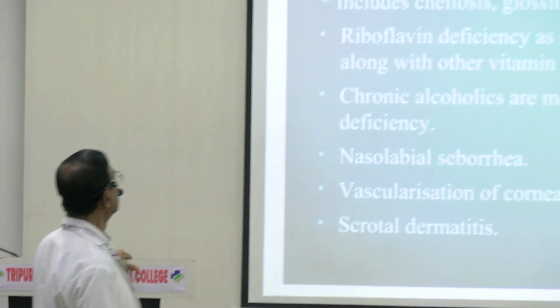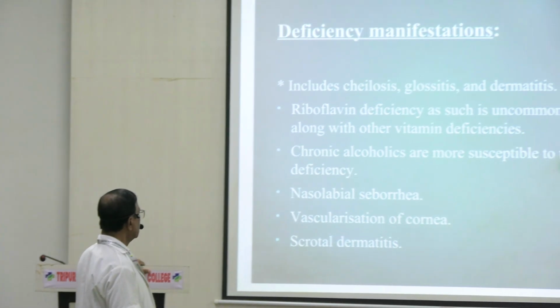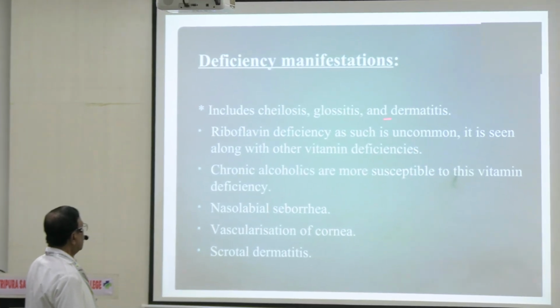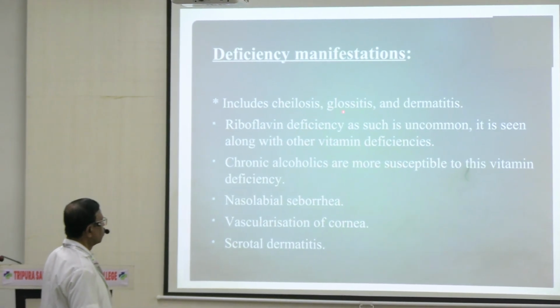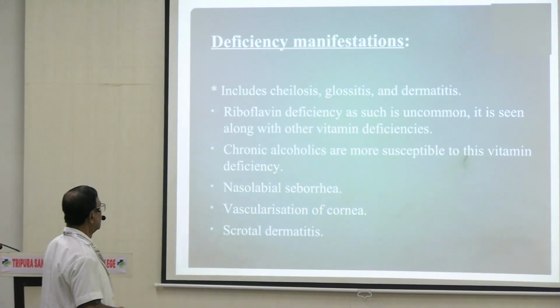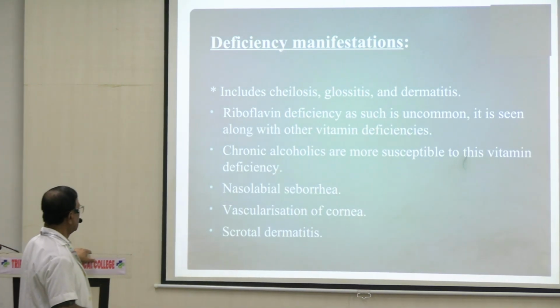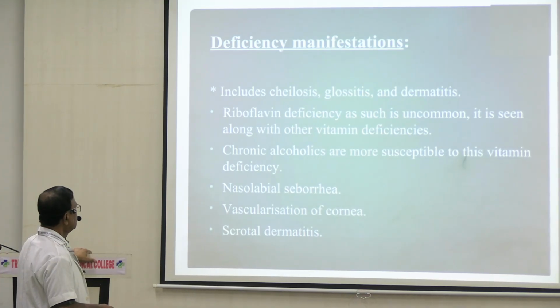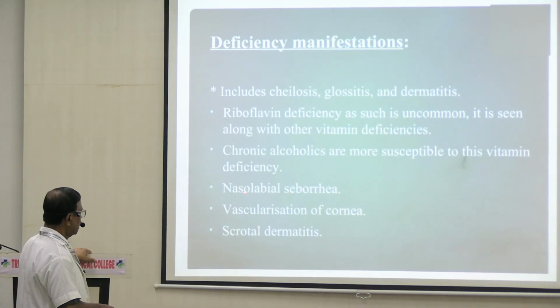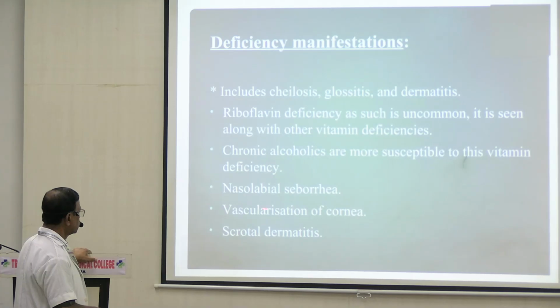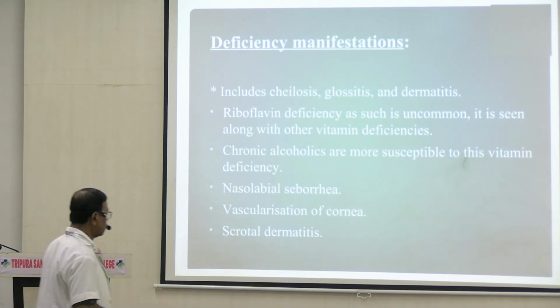Deficiency manifestations: cheilosis, glossitis, dermatitis. These occur in deficiency of vitamin riboflavin. There may be nasolabial seborrhea, vascularization of the cornea, scrotal dermatitis.